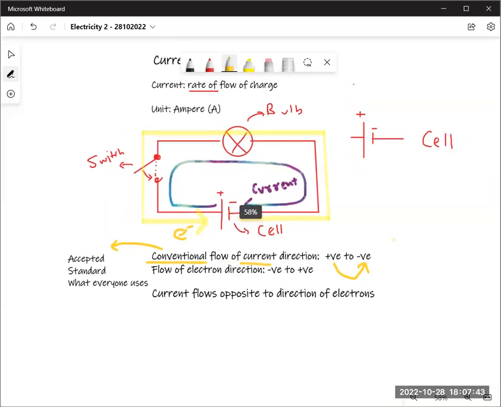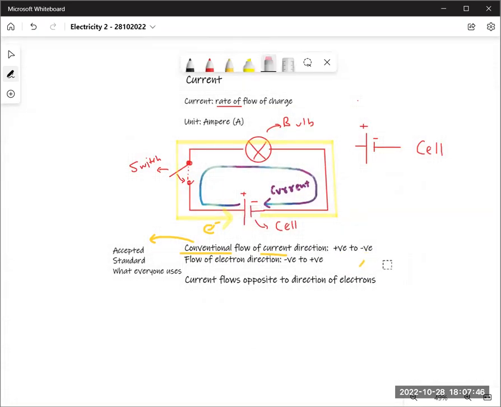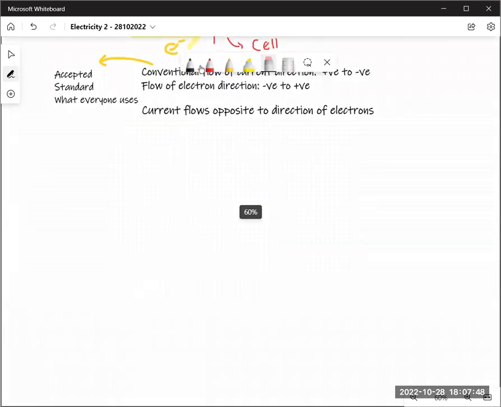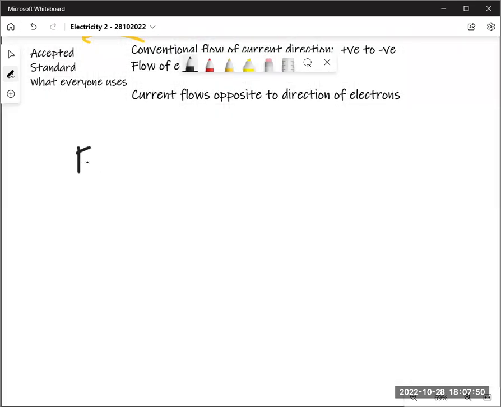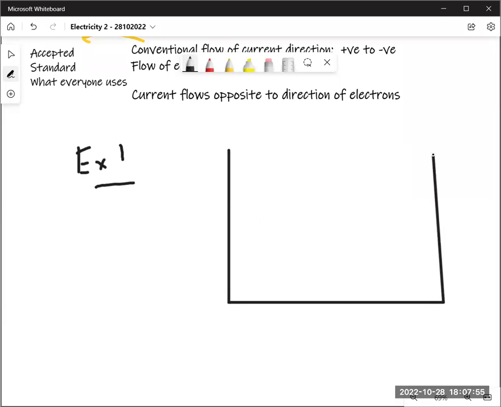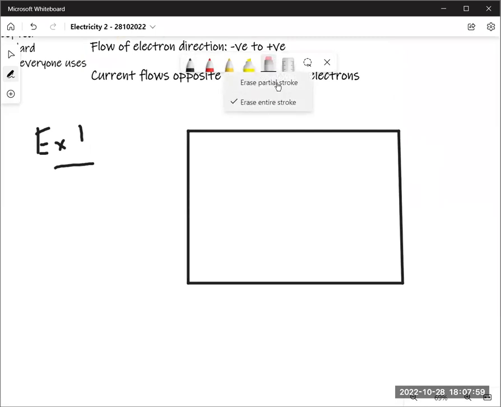So let's take an example. If I make an example 1, this is my circuit like this, and I have a battery right here and a bulb right here. And I have another point.